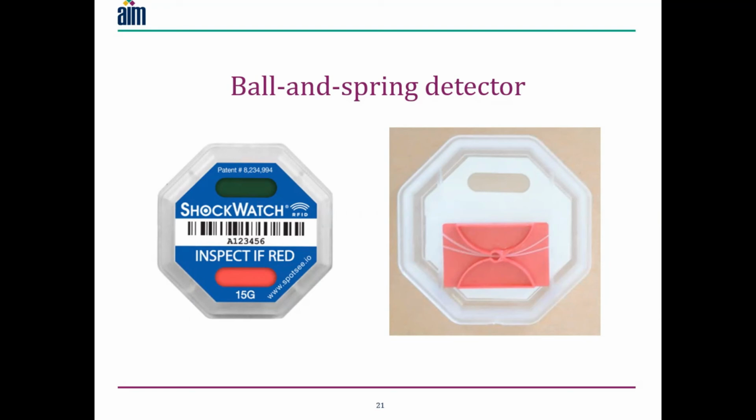And in this case, the spring is those two little blades that you see curved downwards. Normally they hold the proof weight, the ball, in the middle between the two windows. When a certain force is exceeded, they also have a linear force curve, but they are designed in such a way that when a certain force is exceeded, they change shape, which is really emulating the snapping of the spring.